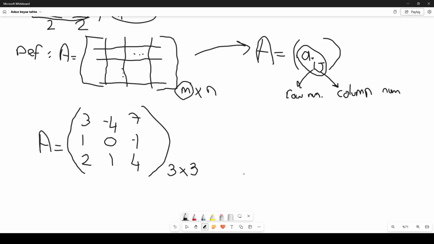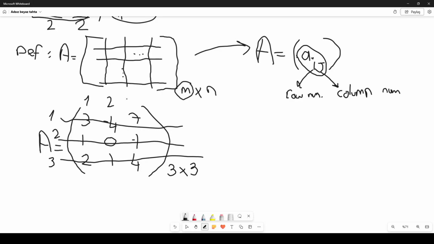How did I understand that? Well, because we have 3 rows. If I look at the matrix from top to bottom and count the rows, this is the first row, this is the second row, and this is the third row. And if I label the columns from left to right, this is the first, this is the second, and this is the third column.